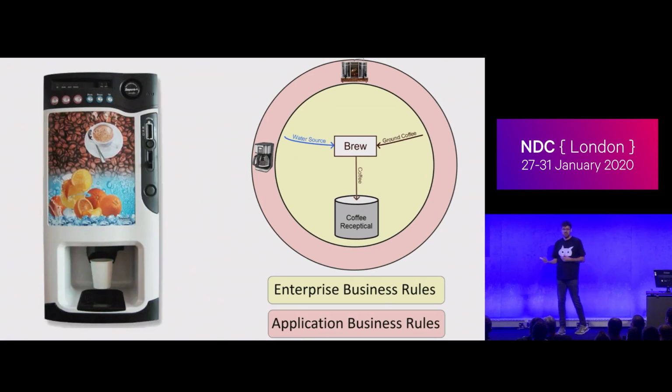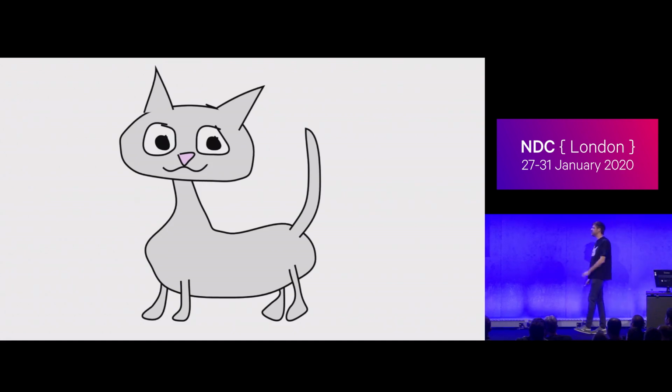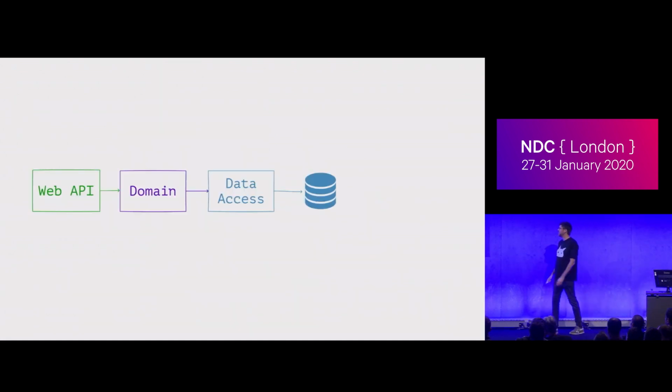You've got additional problems like taking payment, but the essence of making coffee stays the same. Bean to cup or Apple Pay on the vending machine are application business logic around that central enterprise business rules. So we'll take these things into day 4, and we'll strip Cat back to his essence.